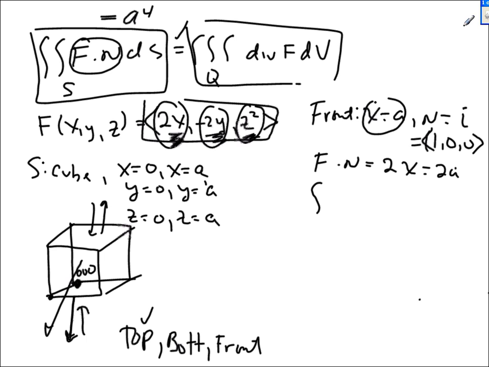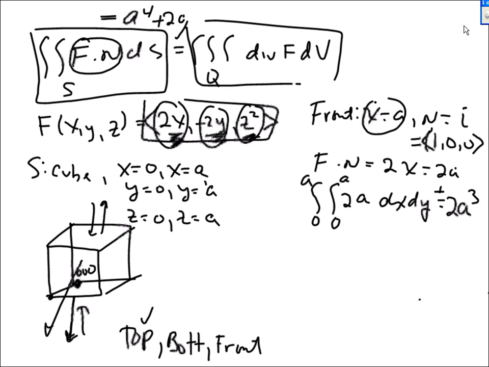So it's the double integral of 2a dx dy, where x goes from 0 to a, y from 0 to a. You're going to get 2a cubed. That's the front.